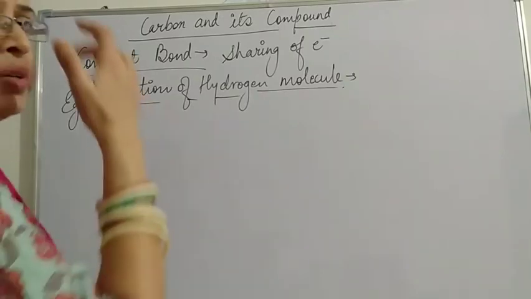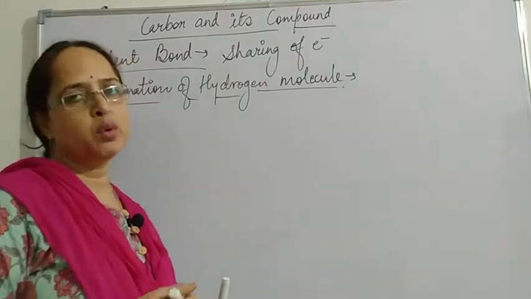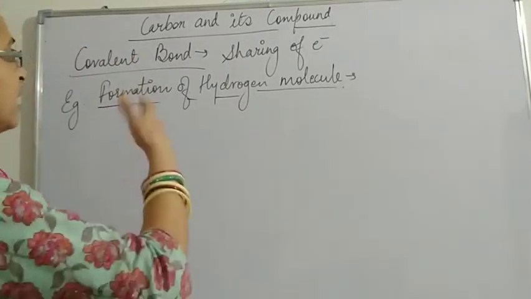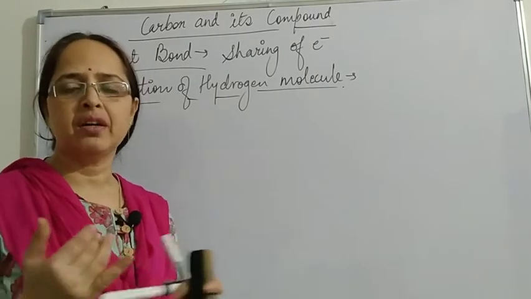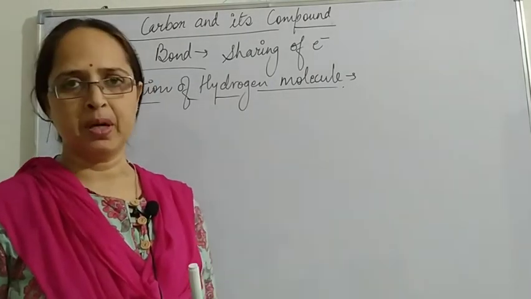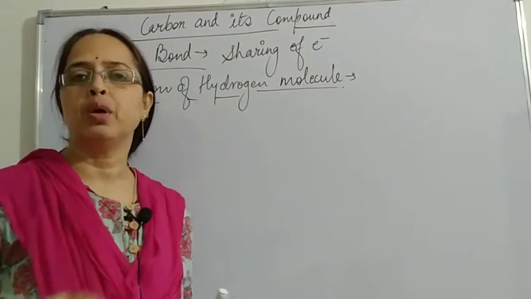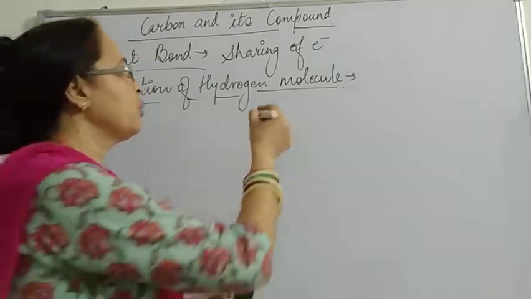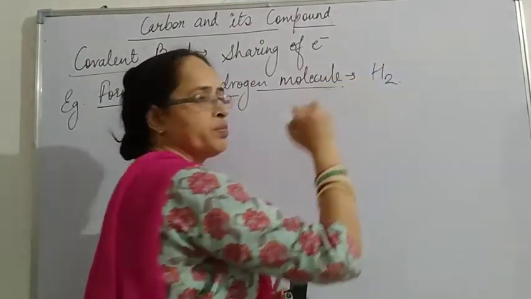Now students, here we will discuss covalent bonding and the compounds formed by covalent bonds. Covalent bond means sharing of electrons, where atoms share their electrons and form the compound. First of all, the hydrogen molecule, whose formula is H2.